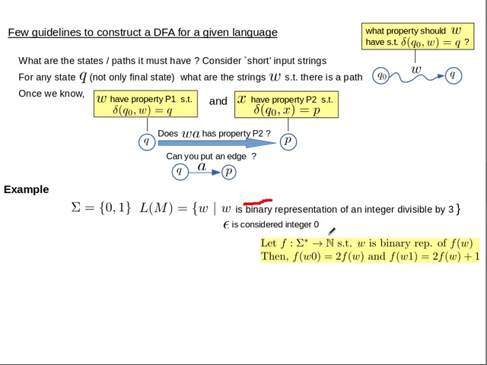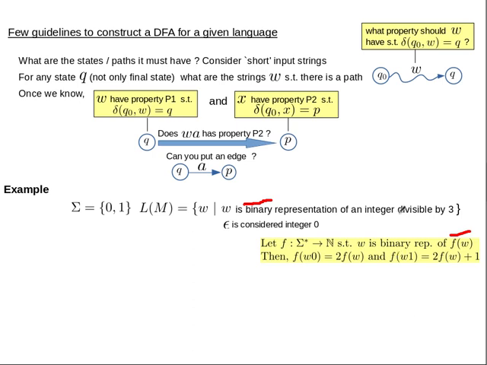Okay, so W is a string, and f of W is an integer. So what integer? It's an integer such that this W is a binary representation of this integer.